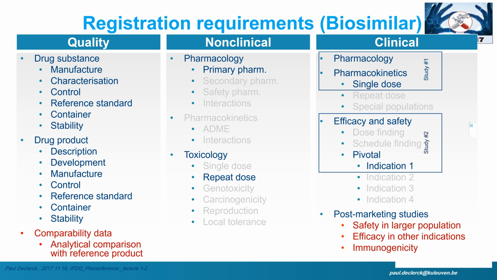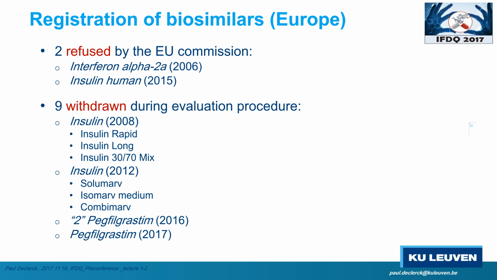So we may feel the need to gather more safety data in larger populations, in other disease indications, and have more confirmation of the efficacy. And what is also very important, on the long term, in larger populations, we may have to confirm the real comparable immunogenicity, which is usually impossible to identify or to detect within a short term in small study populations. But again, this will be discussed later.